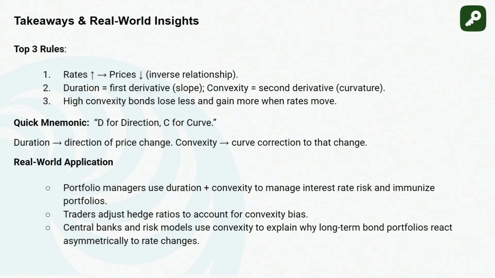High convexity bonds lose less and gain more when rates move. That's the key concept here. For bonds with the highest level of positive convexity, they have the most positive asymmetry. For option-free bonds, they will always exhibit positive convexity.